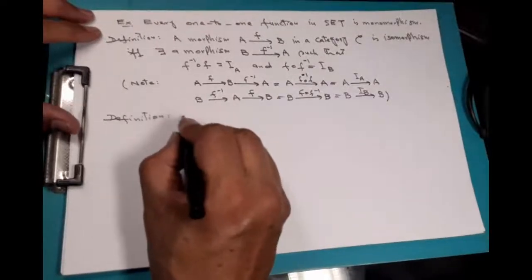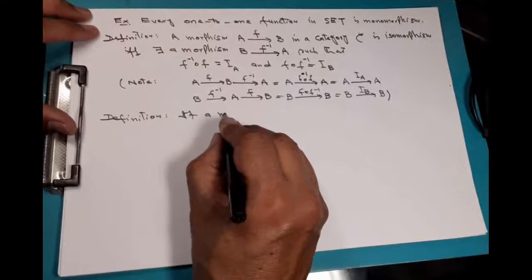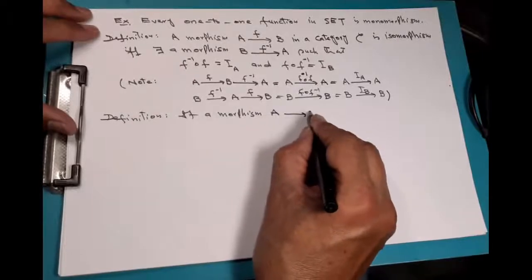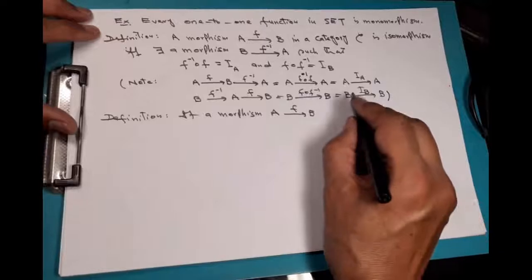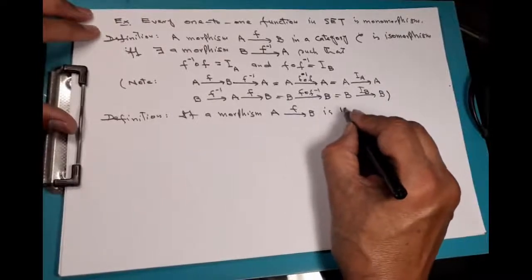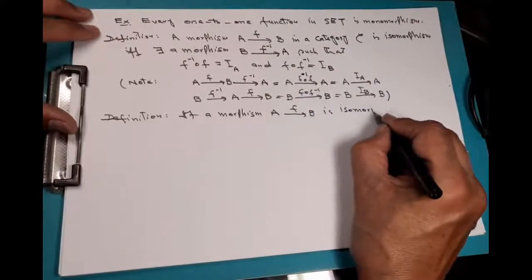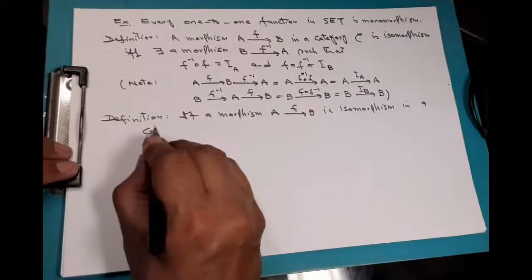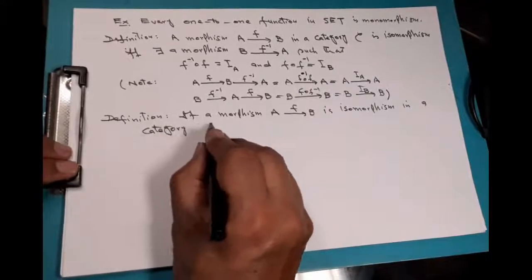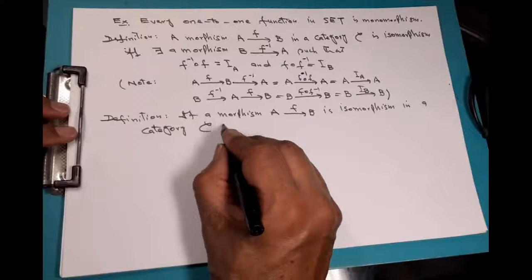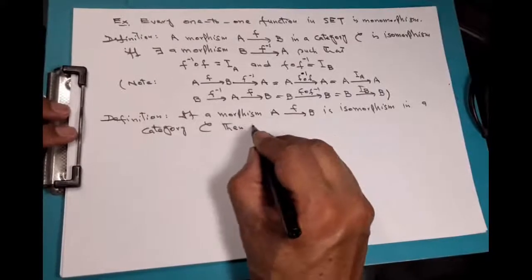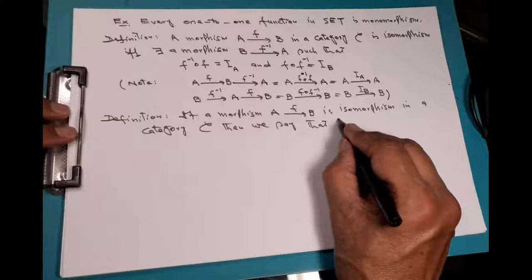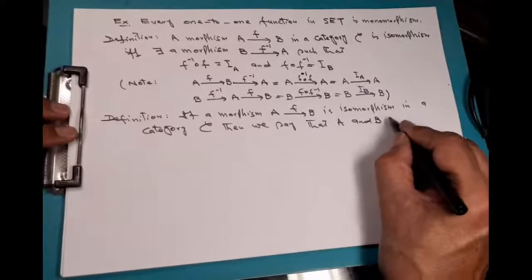If a morphism with domain A and codomain B, say it is F, is isomorphism in a category C, then we say that A and B are isomorphic.